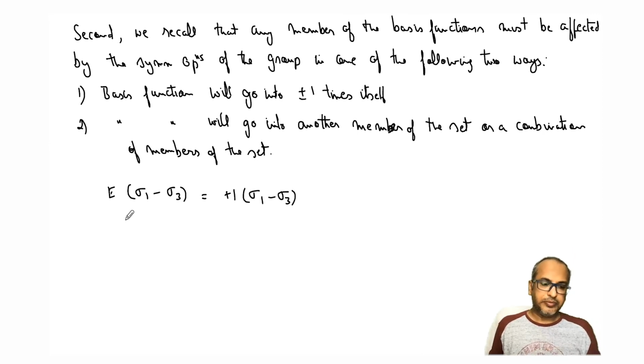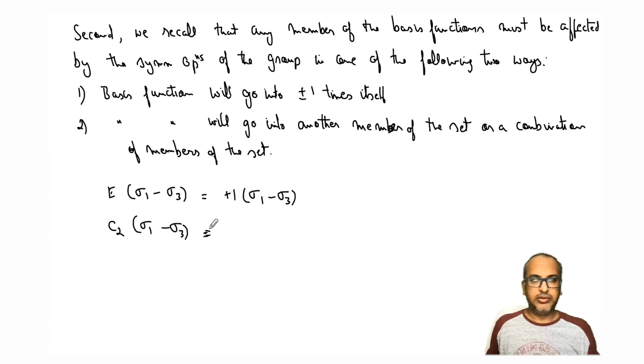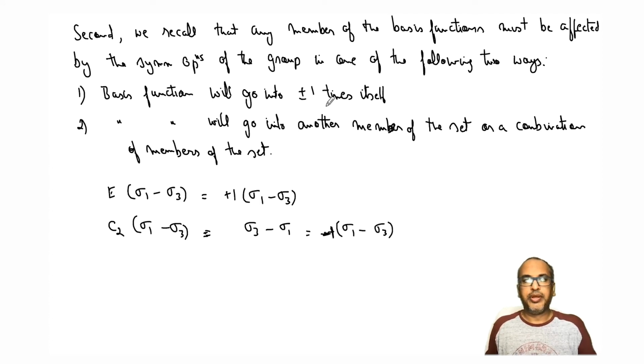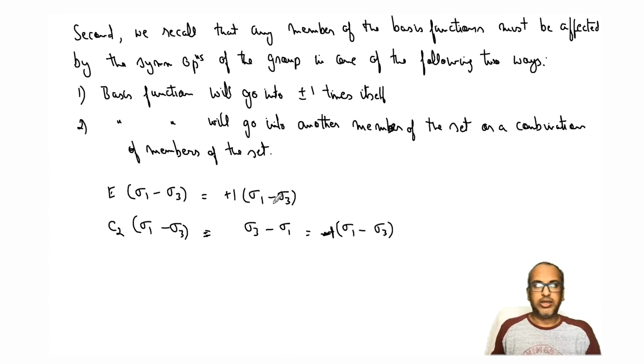If I apply C2 on sigma 1 minus sigma 3, sigma 1 will be replaced with sigma 3 and sigma 3 will be replaced with sigma 1, right? So that means it is minus 1 times sigma 1 minus sigma 3. So that is plus or minus 1 times. So this is not very informative because you're getting the same function back.